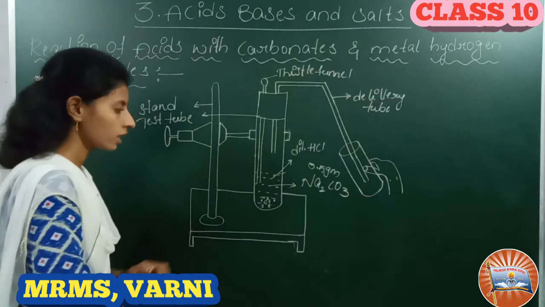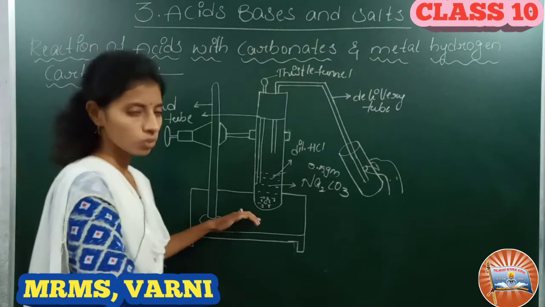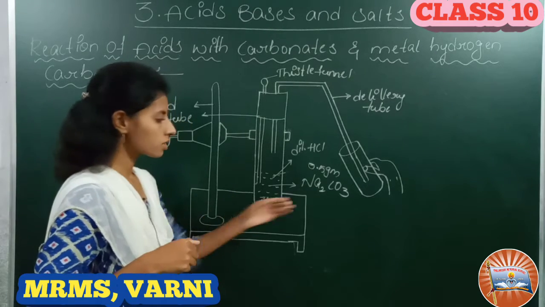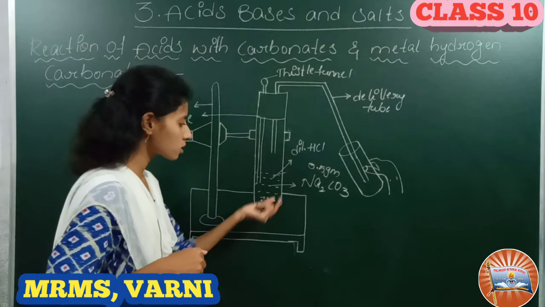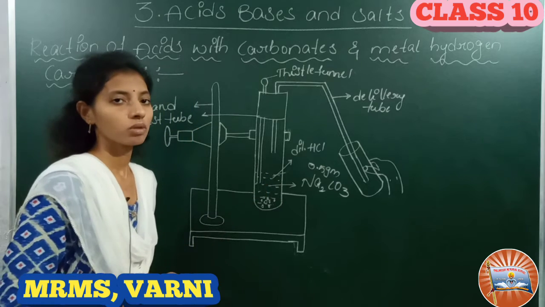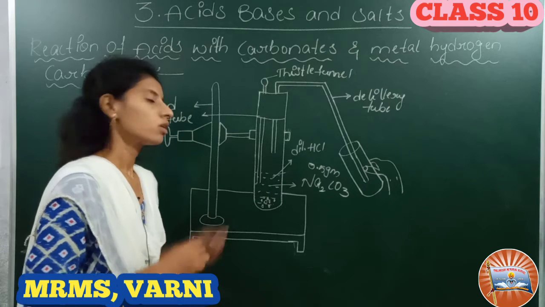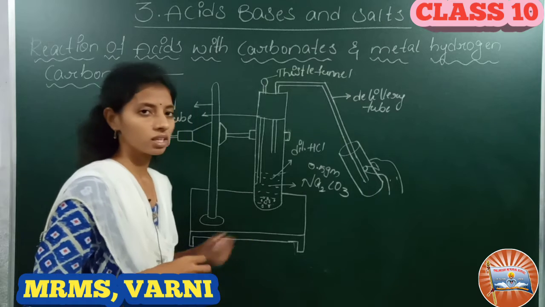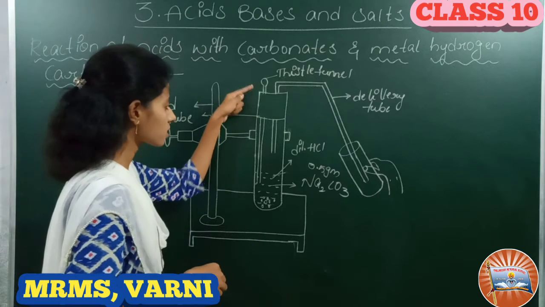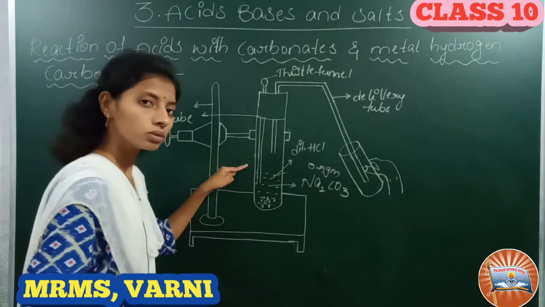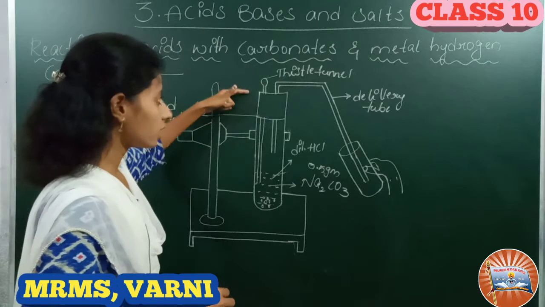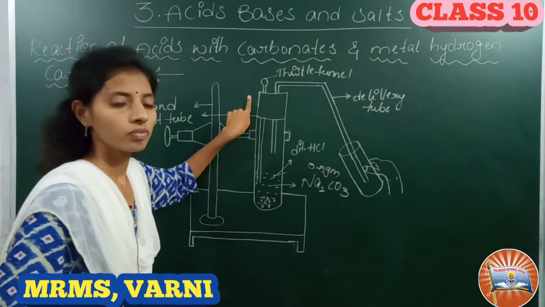Okay, now we have taken hydrochloric acid and sodium carbonate in this test tube. So after some time the sodium carbonate will dissolve in this HCl. So what will happen here? So here the gas will be released. So this thistle funnel is used so that the gas does not escape out, right.